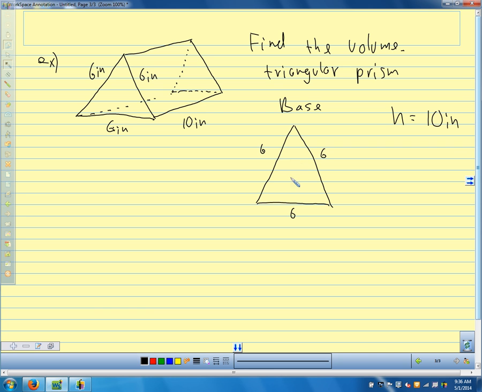So we know that the area of our triangle is base times height divided by 2. We know the base of the triangle is 6. We need the height. So let's draw the height in. Here's the height of my triangle.